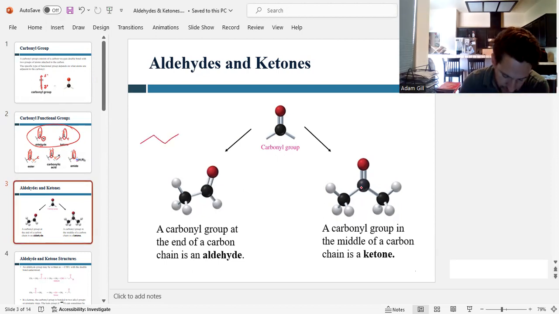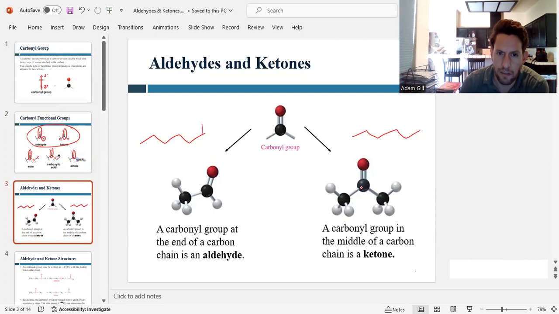And so if I had a long molecule and I wanted to put a carbonyl on it, if I stuck the carbonyl at the end, it would be an aldehyde. If I stuck the carbonyl somewhere in the middle, it would be a ketone. Otherwise, they're pretty much the same thing.